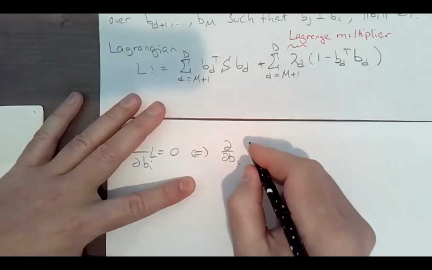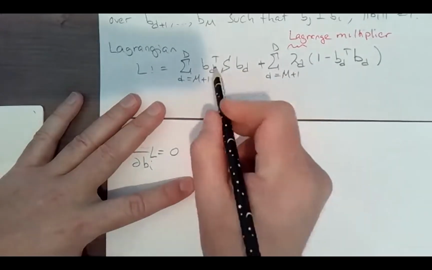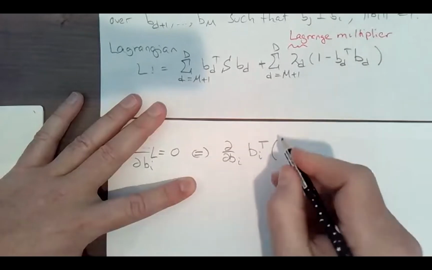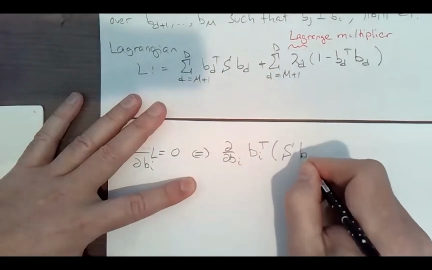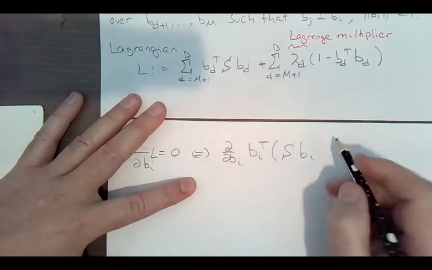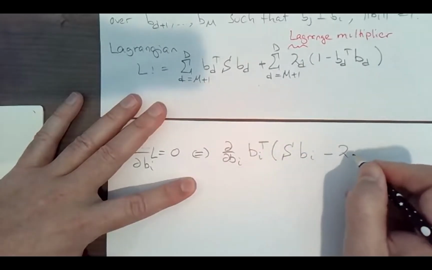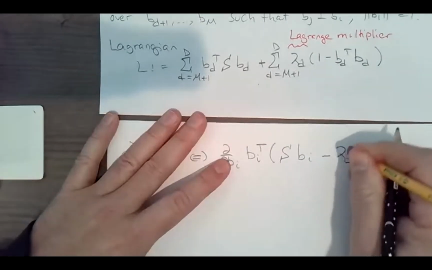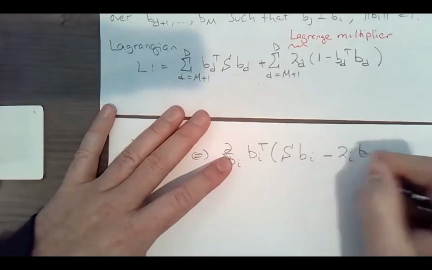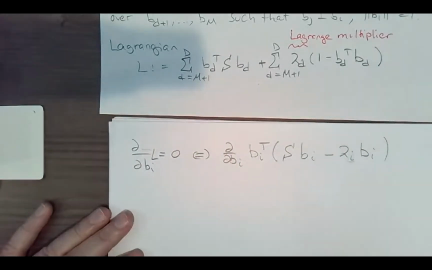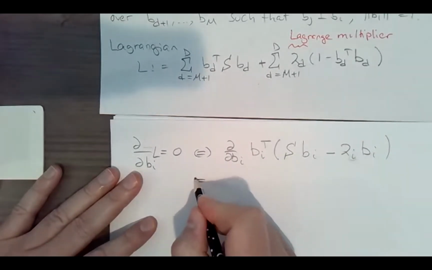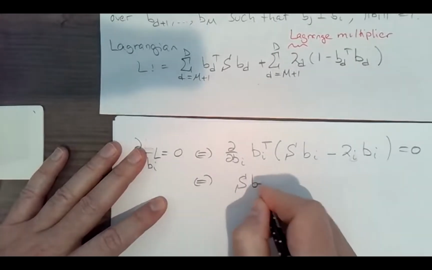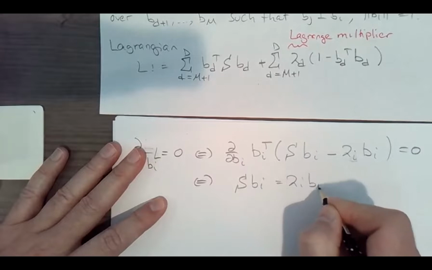I'll get the derivative of BI transpose S BI, and then I'll have my lambda, that's a constant, lambda I, times BI. So I compute the derivative here, set it equal to 0. That's going to tell me that S BI has got to be equal to lambda BI.